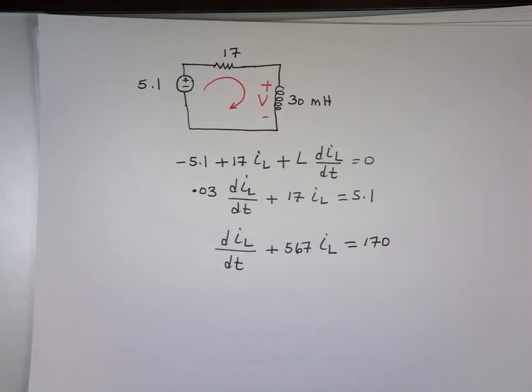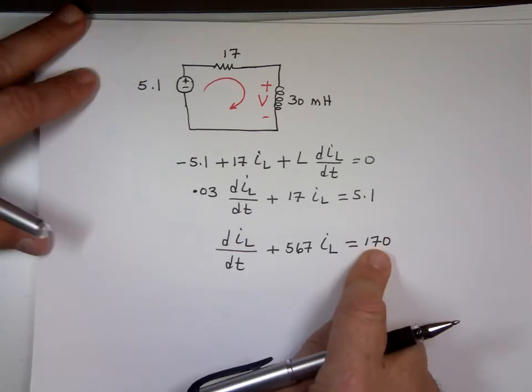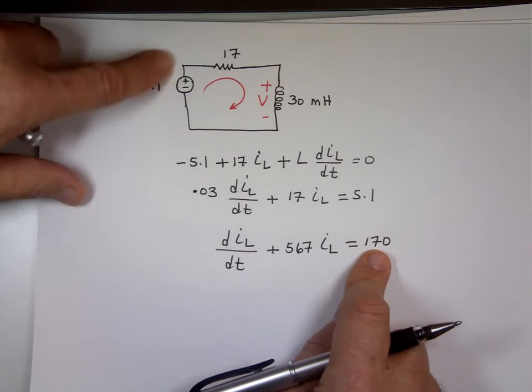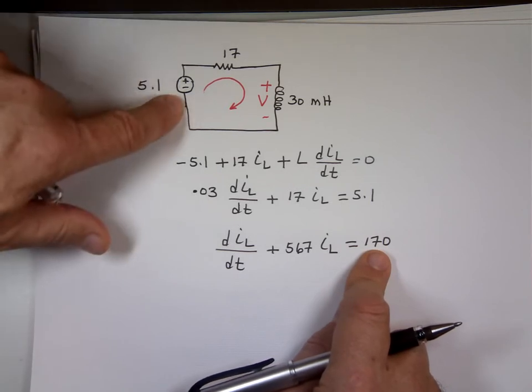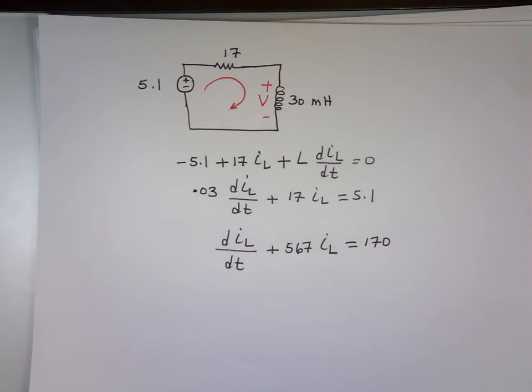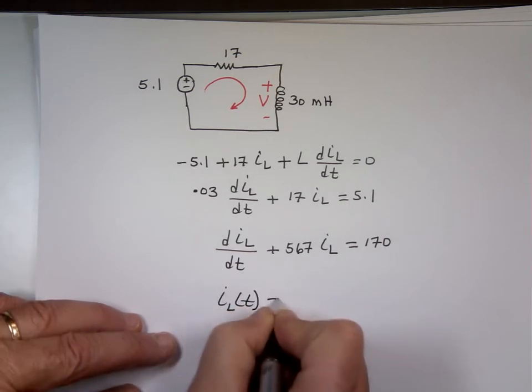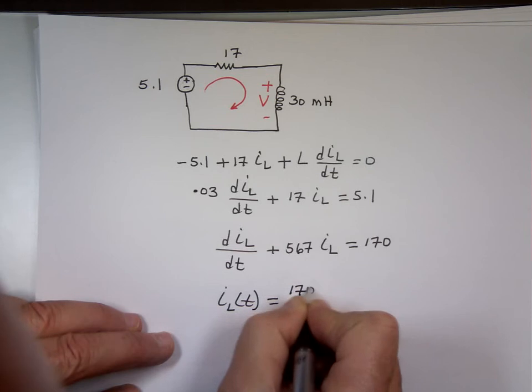Again, the reason we got that is that it's no longer a 0. Why? This is not a source-free circuit for t greater than 0. We have a source in it. That's the reason for that number. If I didn't have that, that would be a 0. So the solution now, I sub L as a function of time, is going to be 170 over the 567.